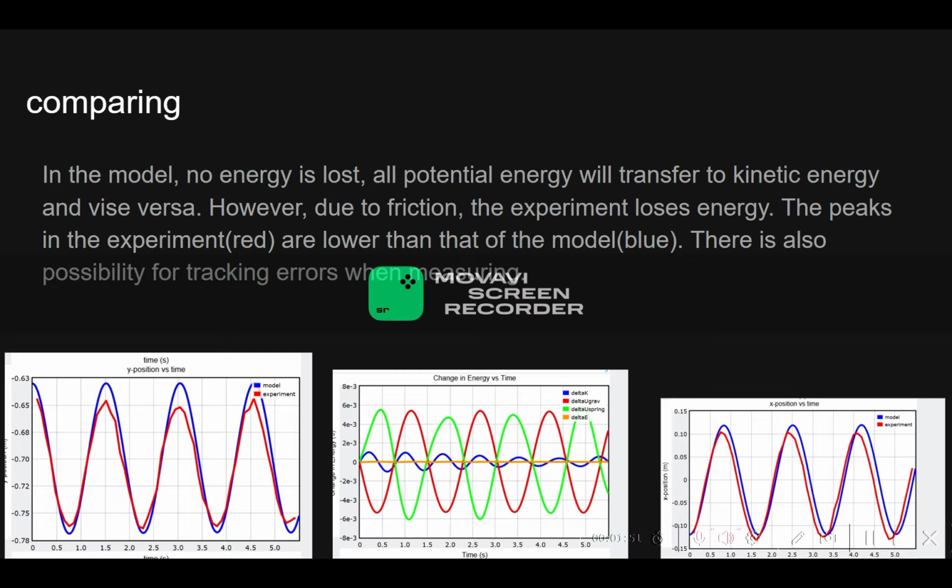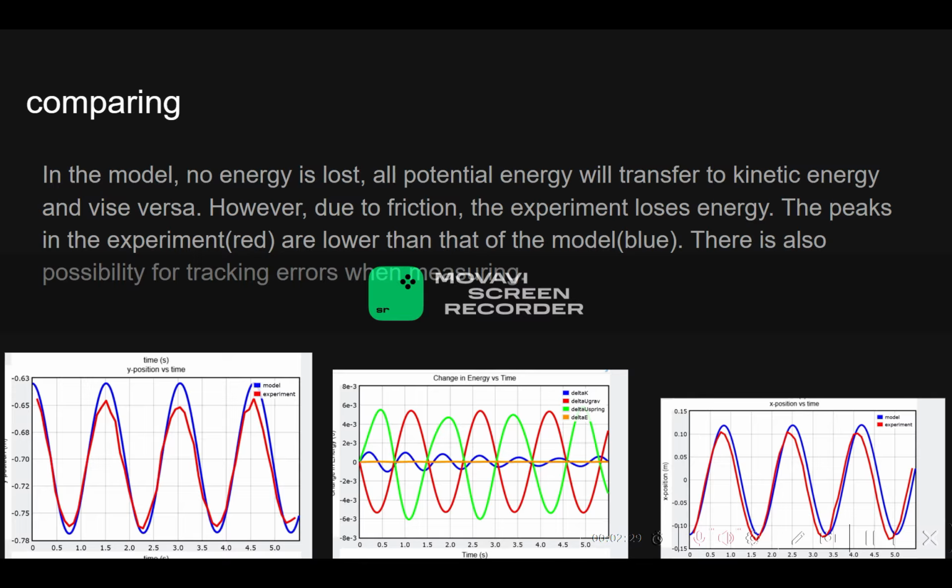The model has higher peaks on both ends, which I would think is due to it not losing as much energy, as well as I think the starting position was a little bit off on the experiment in the model, even though the actual data did start at the same one in the model as the experiment data gave us, but I guess when we put the files in, it does something weird. But the peaks kind of showed what the data would look like anyways.